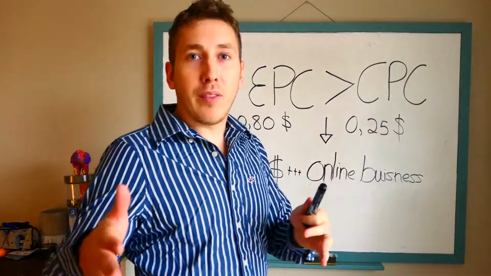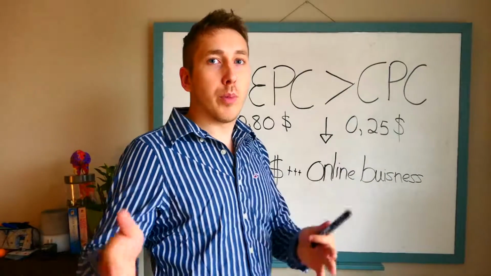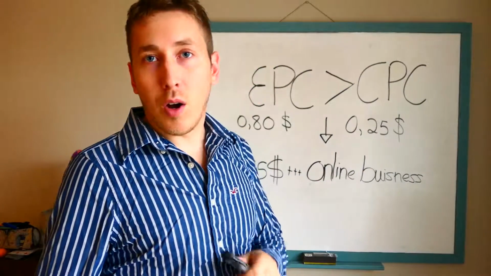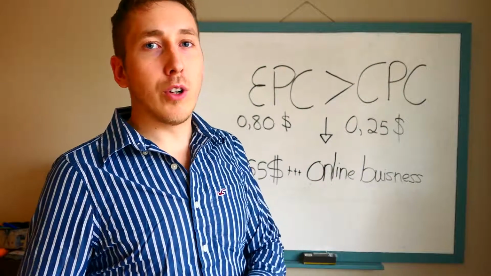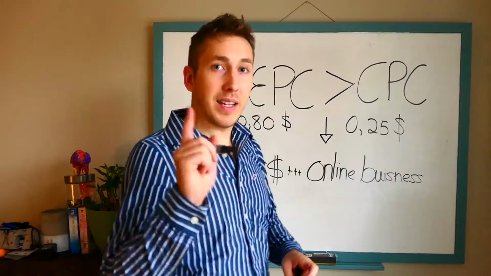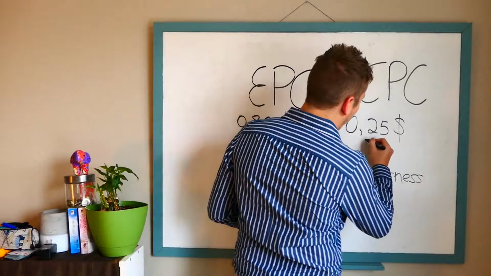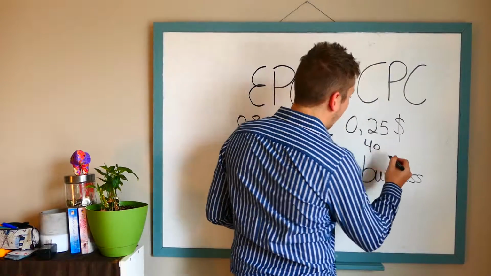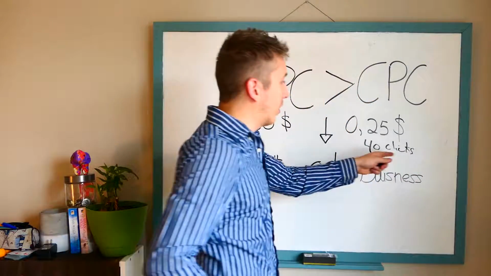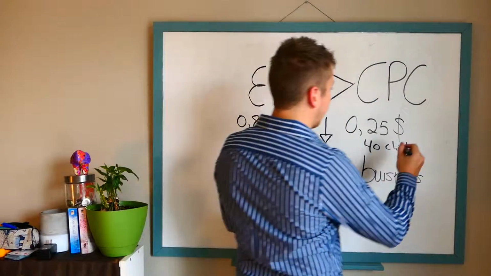You find out on the platform what your cost per click is, because they're supposed to tell you. You see it's 25 cents. Okay, that's good. But now you need to know: let's say I spent $10 on clicks. That means I got 40 clicks. You got 40 clicks for $10.